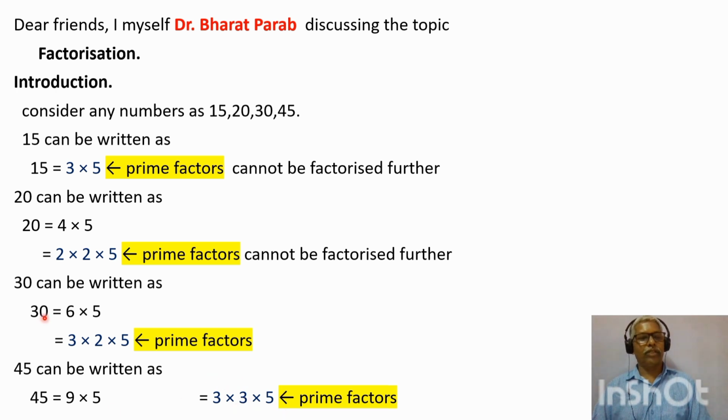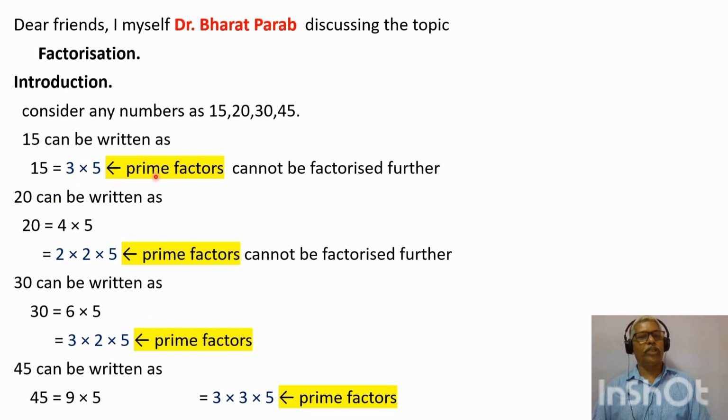So these factors, we could again factorize this, but this cannot be factorized again. These are the final factors of 20. Again, these are the factors of 30, but the 6 is again factorized, and these factors cannot be again factorized.